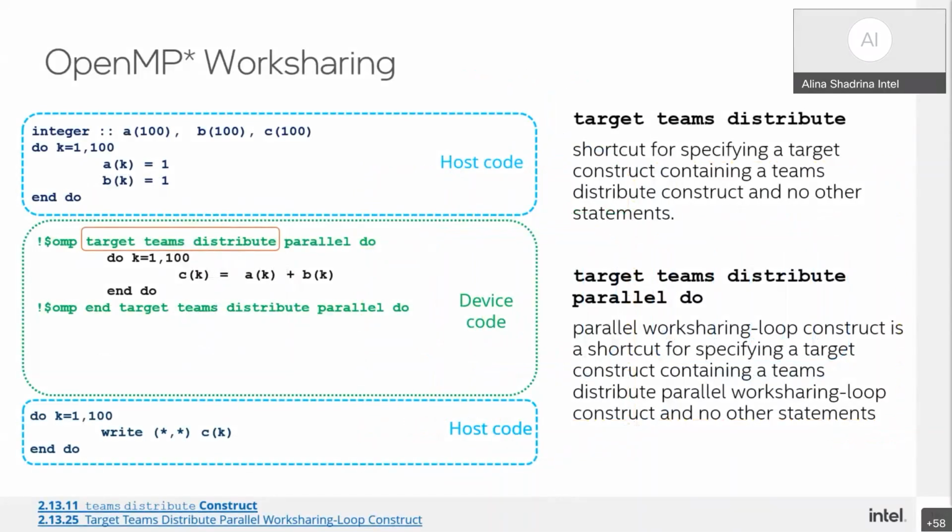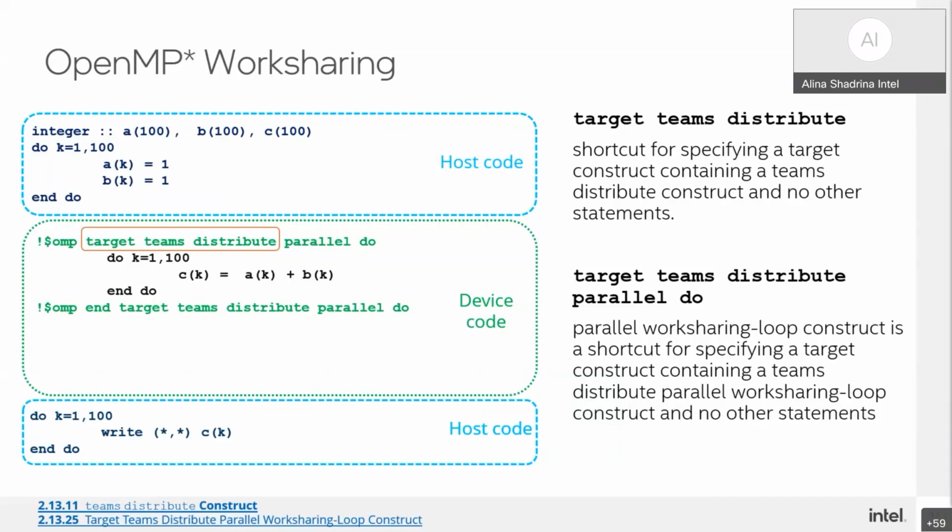So we are talking about teams, and now we can make this construct even more complicated. The distribute keyword will give us an opportunity to distribute iterations of a loop across the different teams.